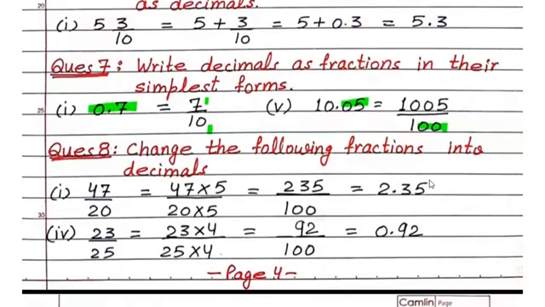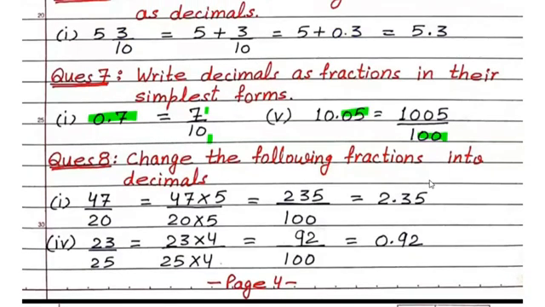Now children, let us discuss the last question, question number 8. Change the following fractions into decimals. Now see the first one, 47 upon 20. Now children, we have to focus on the denominator here.